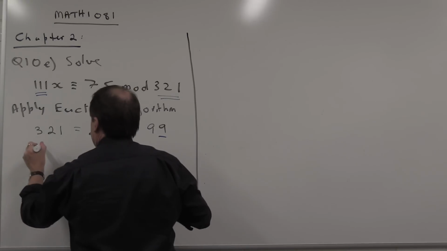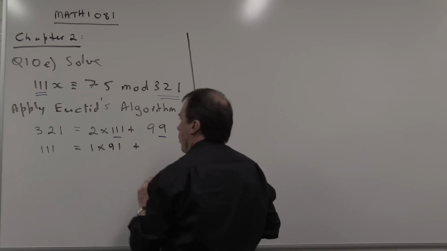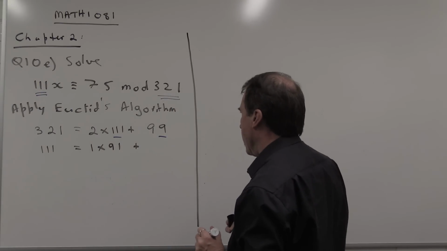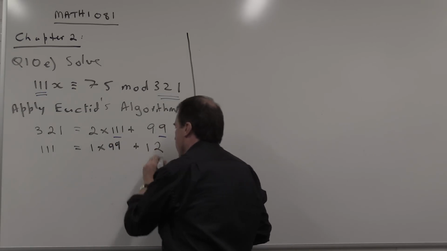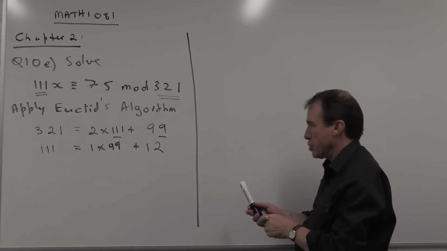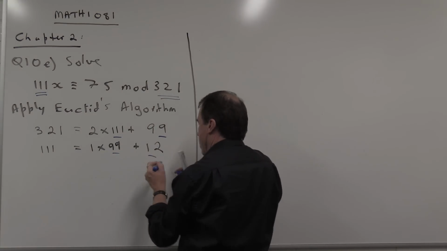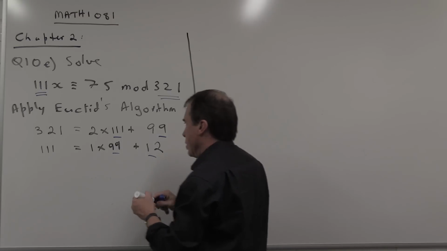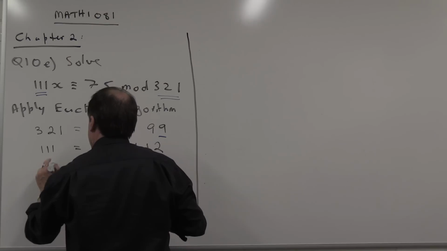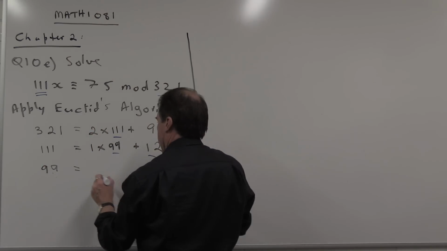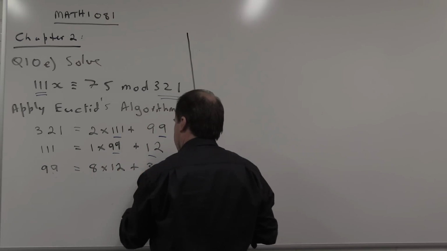So that tells me 111 is 1 times 99 plus 12. And I use the same argument. The GCD of these two numbers is the same as the GCD of these two numbers. So repeat the argument, 99 is 8 12s are 96 plus 3.